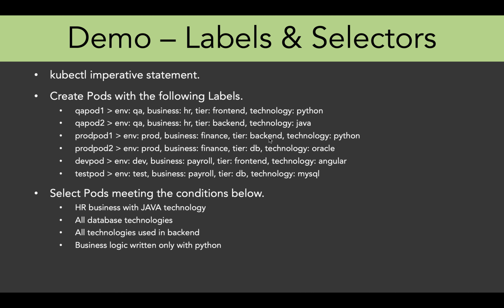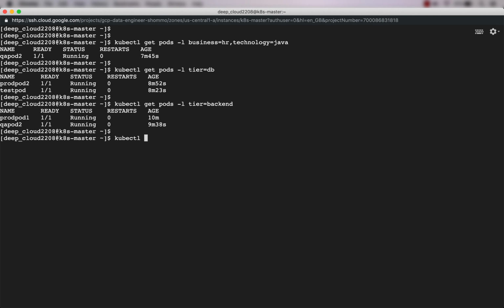In the fourth question, we want to find out which pods have business logic written only with Python. That means we want to find out the backend with technology Python. And the answer is prod pod 1.